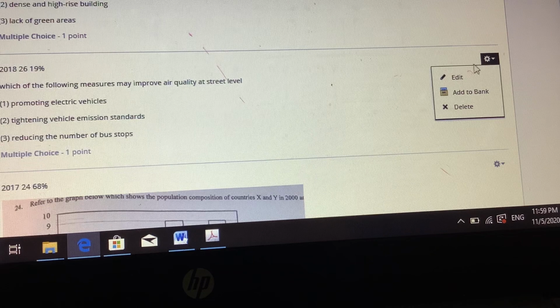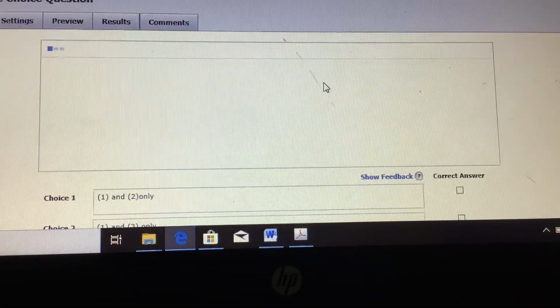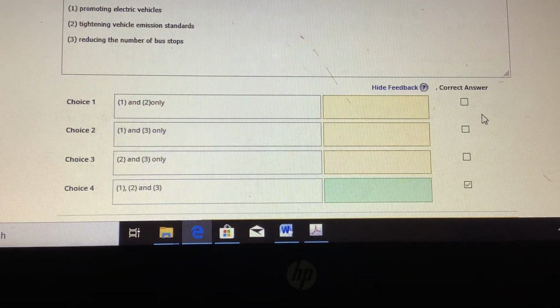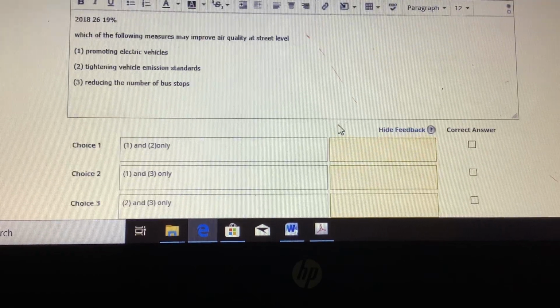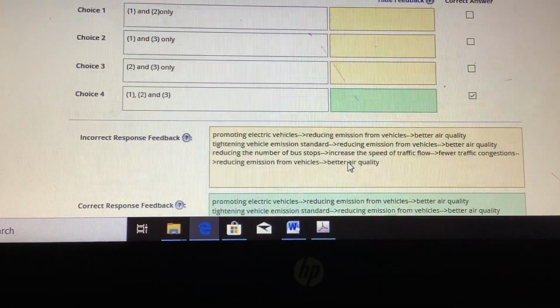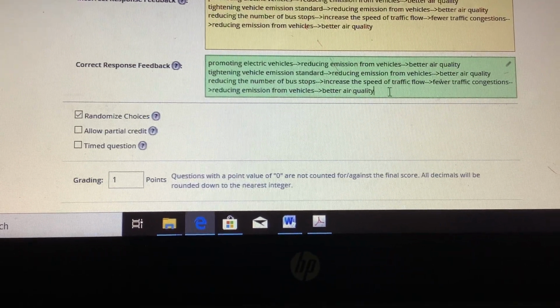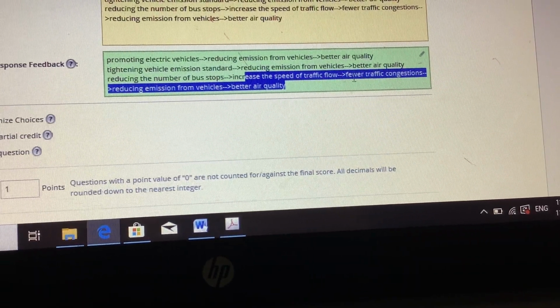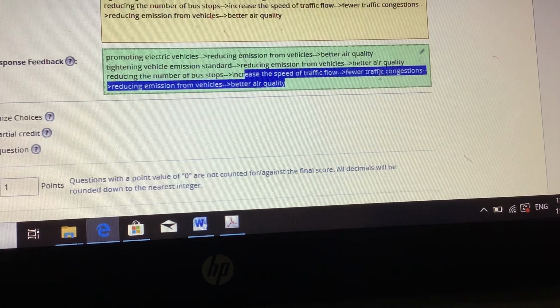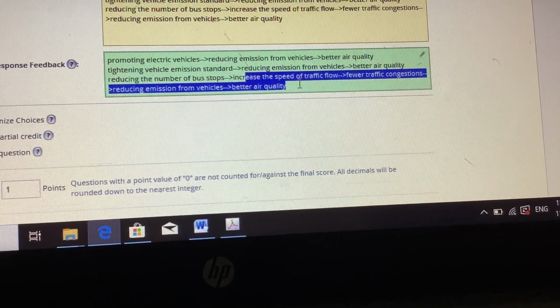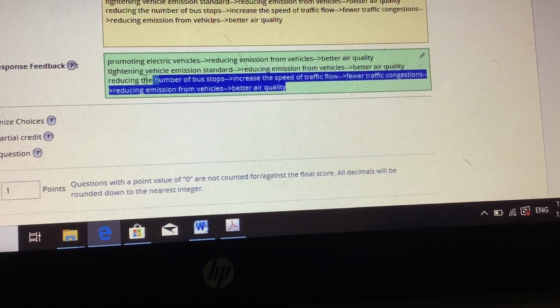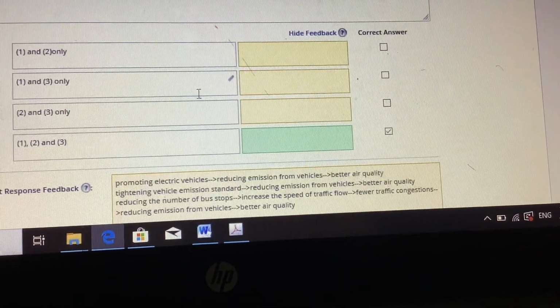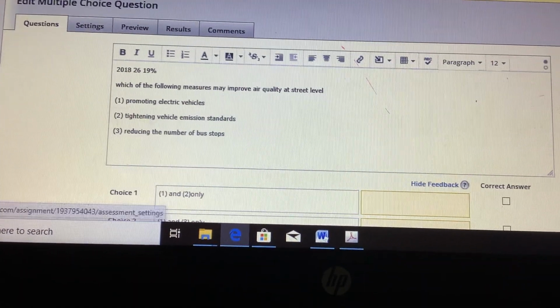You may argue that reducing the number of bus stops is not going to help, but it is going to help, because in general when buses stop, it can increase the speed of traffic flow, and then there will be less traffic congestion, and then reduce the emission of the vehicles. So the air quality in general is better.